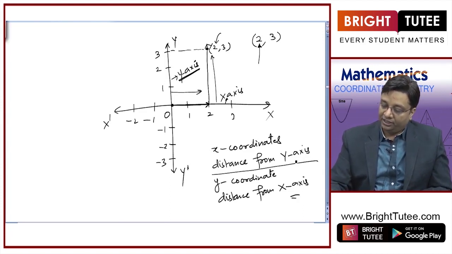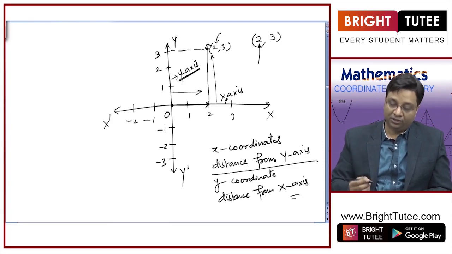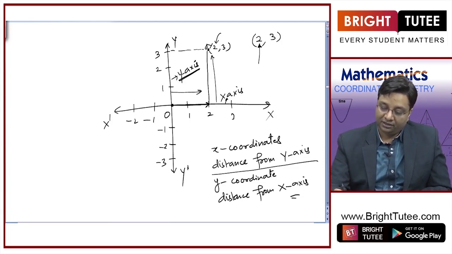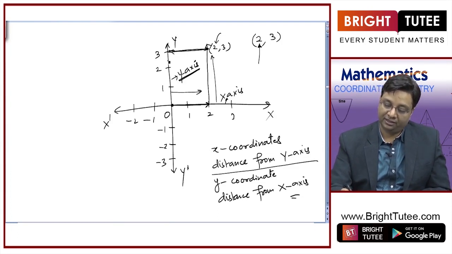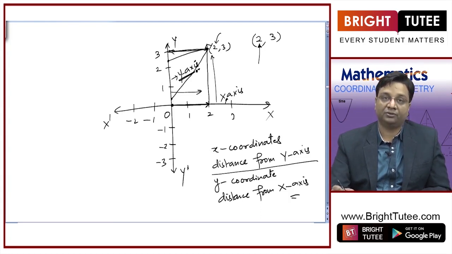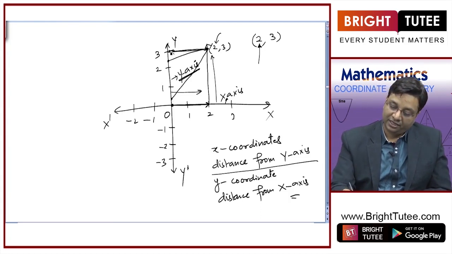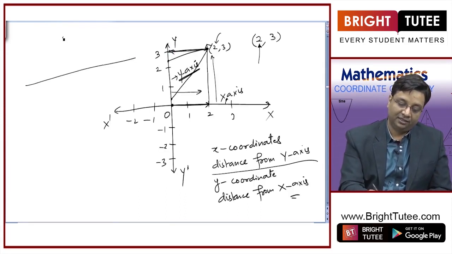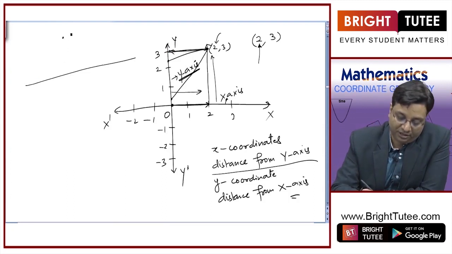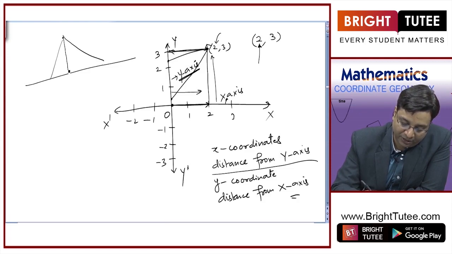Okay, x coordinate is distance from y axis. Now some of the students may say that this distance, I am saying that this is the distance from y axis. Some of the students may say that this is also the distance of this point from y axis. But no, when I say distance from y axis, let us say, if I say what is the distance of this point from this line, will you measure this distance, or this perpendicular distance?